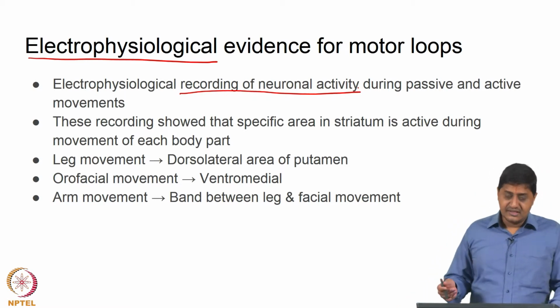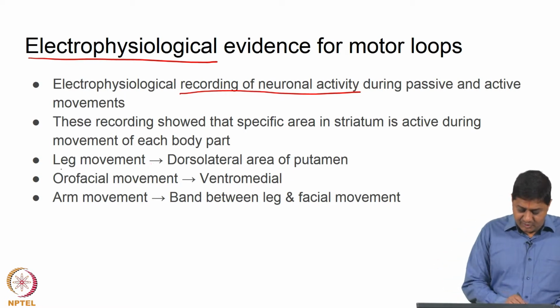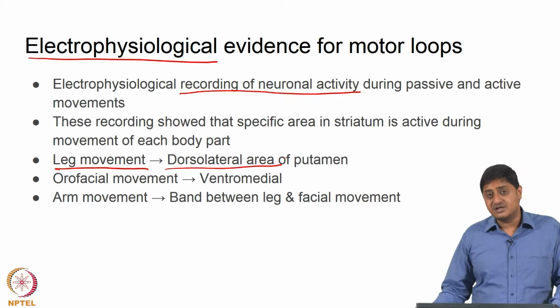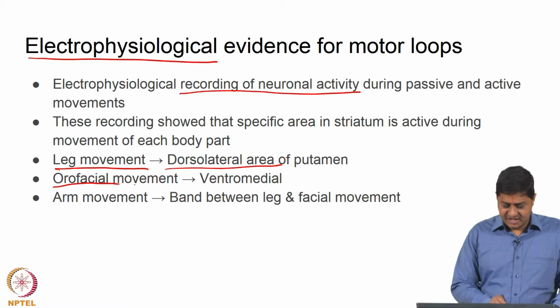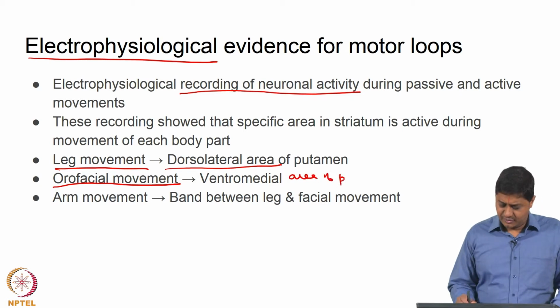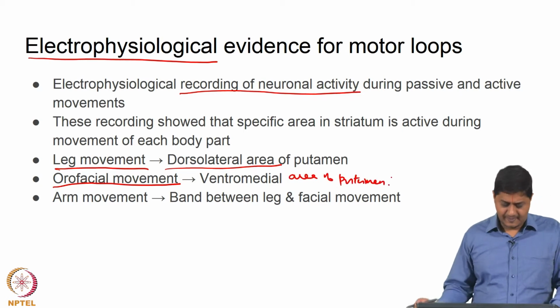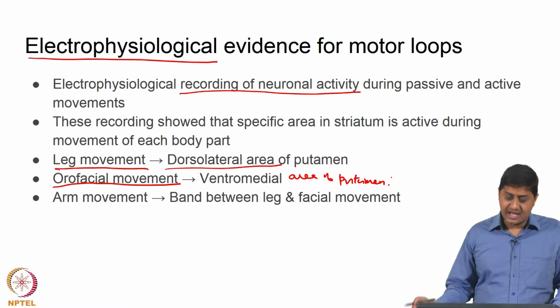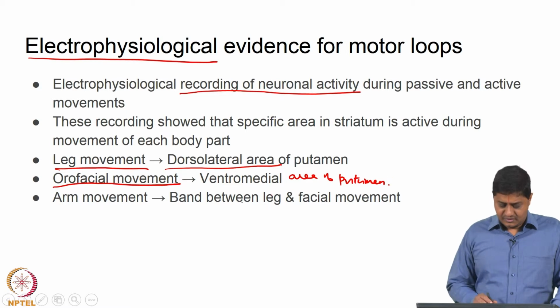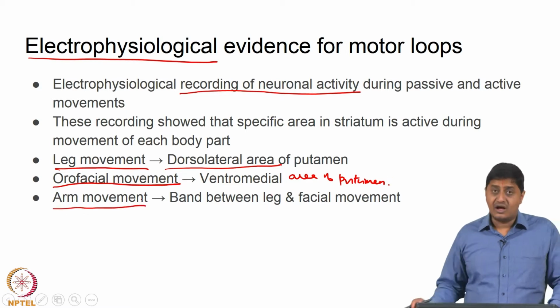So, essentially for example, during leg movements neurons in the dorsolateral area of the putamen are active, and during facial movements a different region, the ventromedial region of the putamen, is active, and during arm movement a specific band or area that lies between the dorsolateral and ventromedial region of the putamen was used for arm movements.